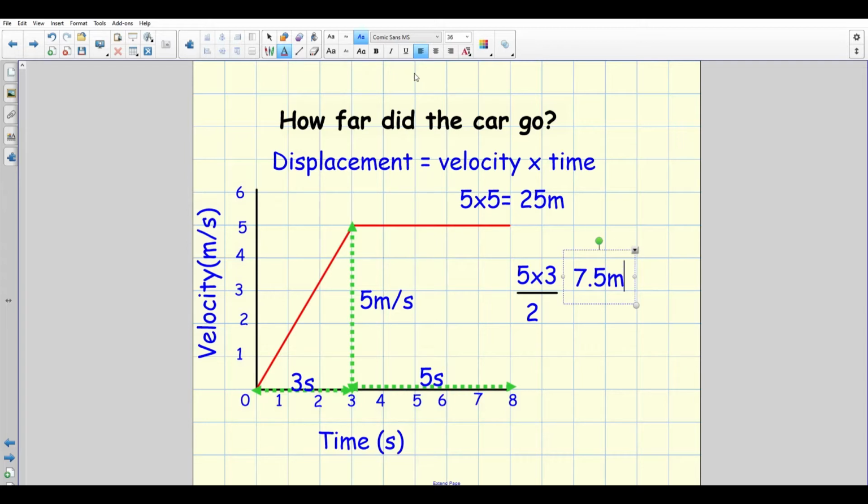So the whole thing together, we've travelled 7.5 meters to get to the top speed, and then 25 meters at that speed. So we add those together, 25 add 7.5, that's going to give us a total of 32.5 meters travelled.